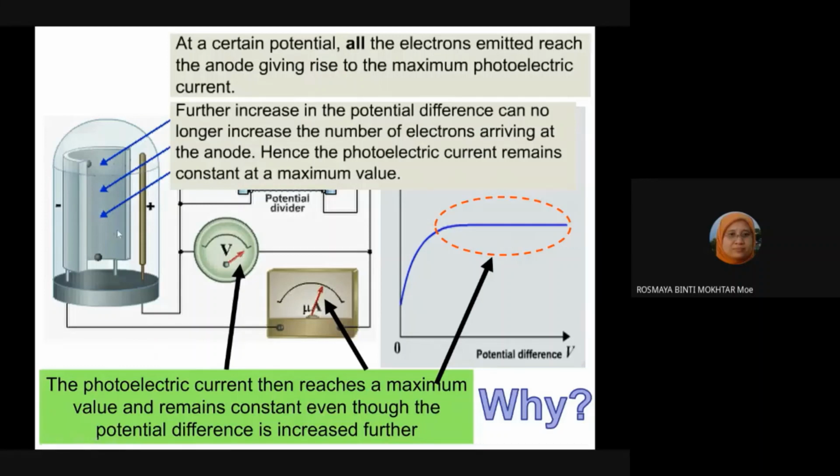From what we've discussed before, the emission of the electron from the surface of the metal involves a one-to-one interaction. So all the electrons inside the metal here are already liberated to the surface of the metal.